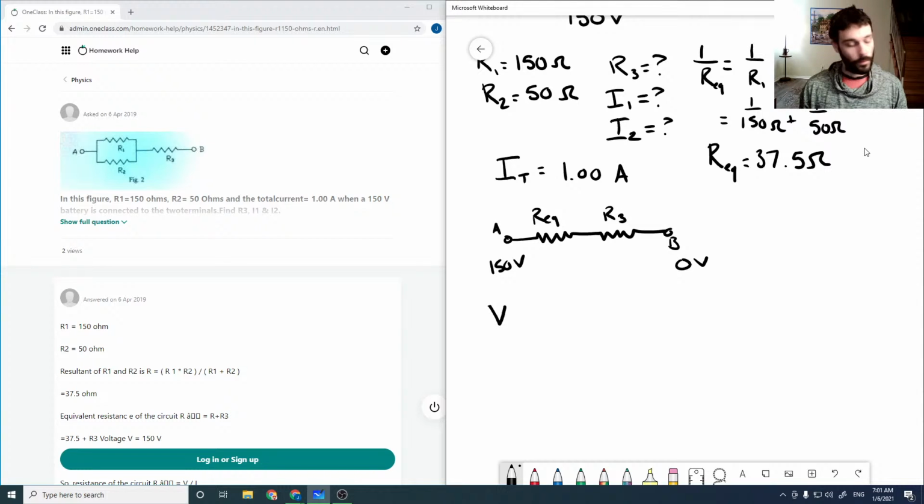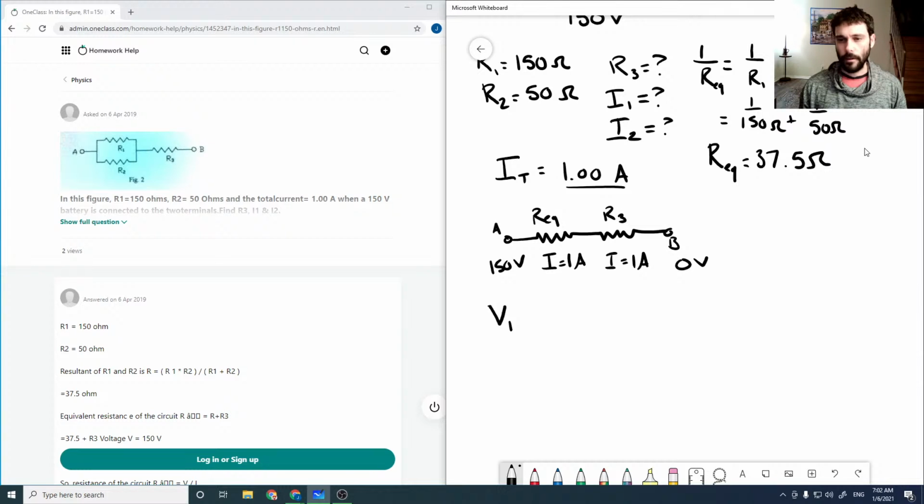We know that we have 1 amp going through the full circuit, and our current along a serial line has to be all the same, so our current here is 1 amp, and our current here is also 1 amp.